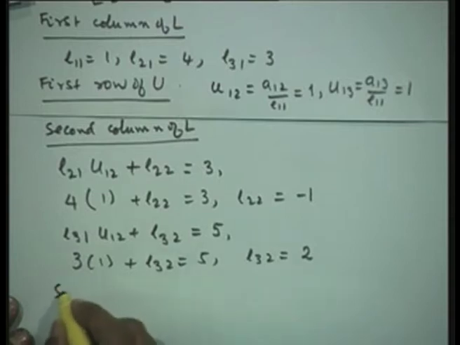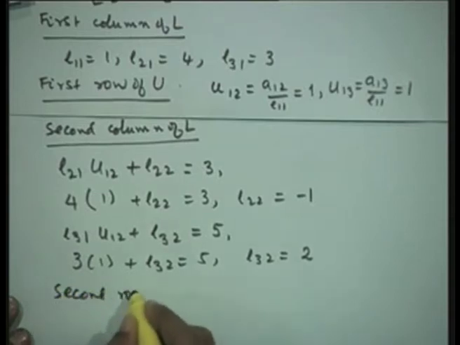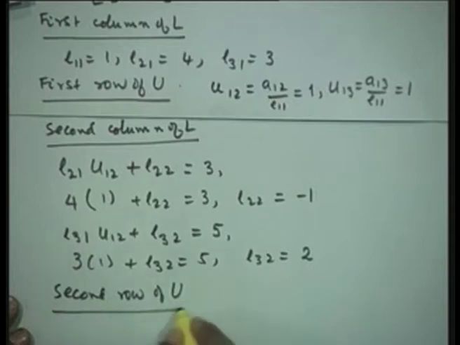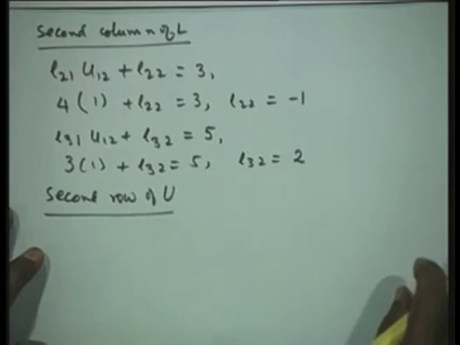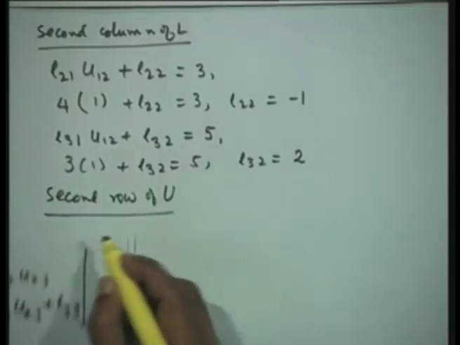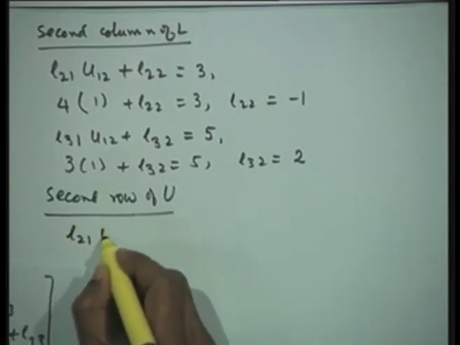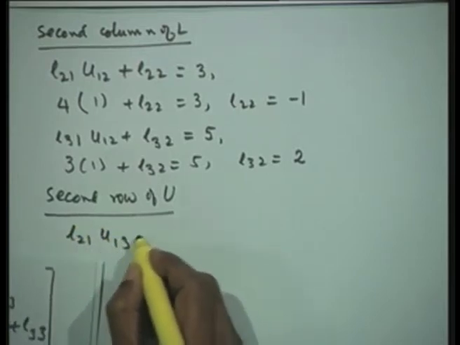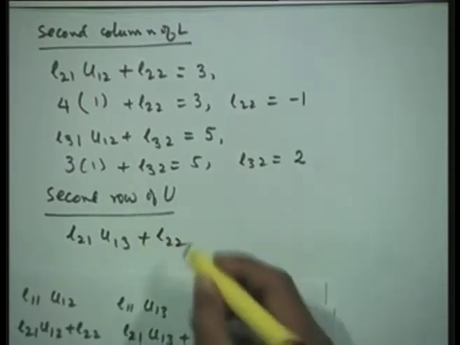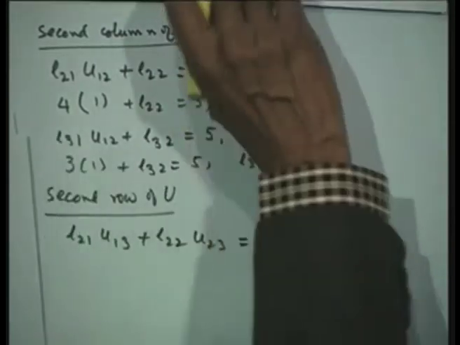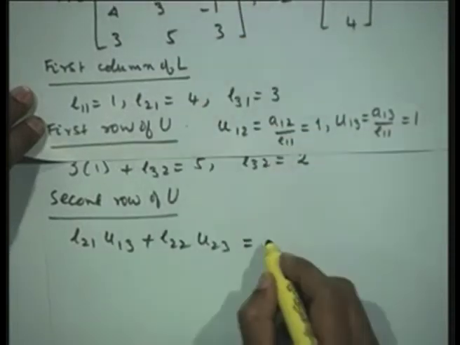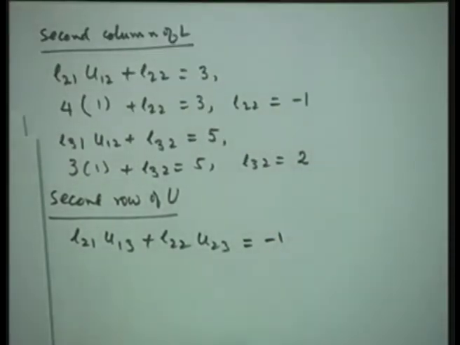Therefore, I need the second row of U. Now, the second row of U comes from this element, that is L21 U13 plus L22 U23. I am writing L21 U13 plus L22 U23, and that is equal to minus 1, which is given to us.